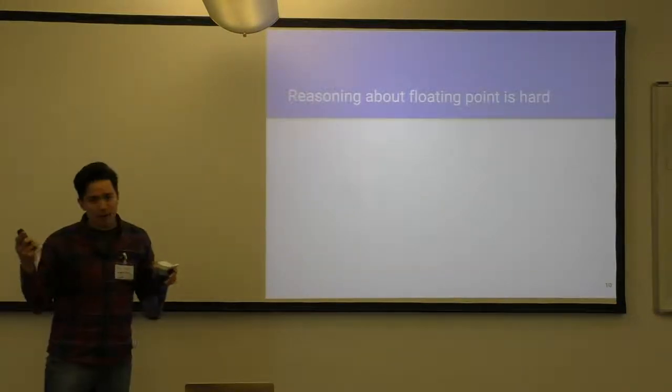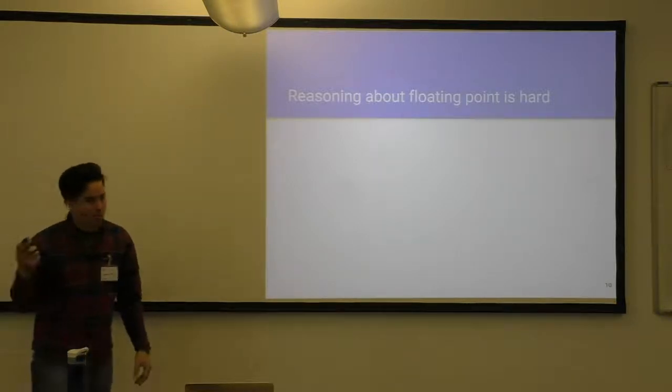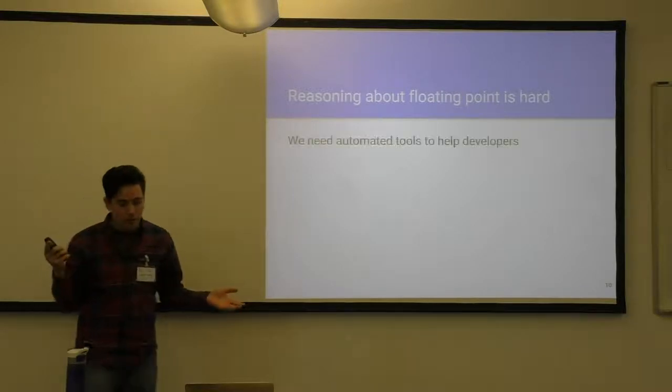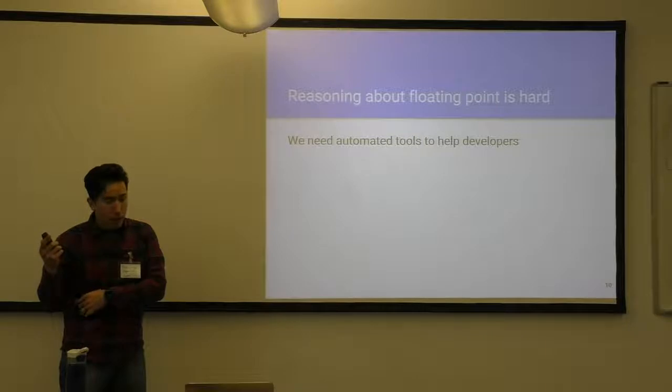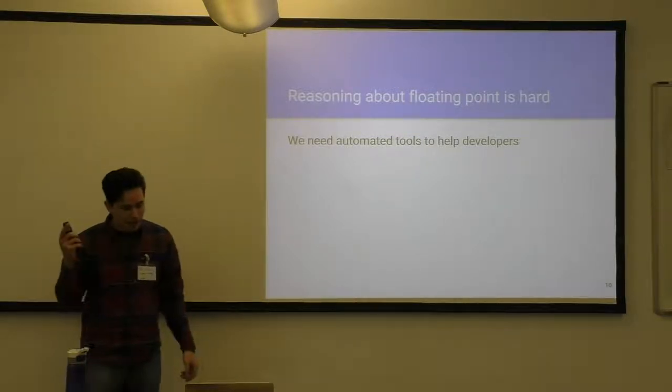Right, so anyway, hopefully I've convinced you enough that floating point can be a real pain to work with and really hard to reason about. So I'd argue that it'd be very useful to have tools to actually help developers write programs that use floating point and to help them not make mistakes like this.